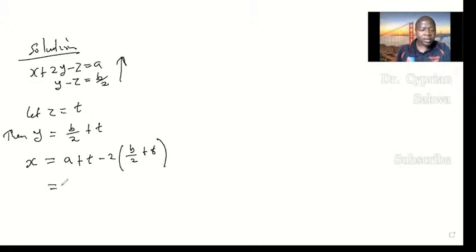So let's open the brackets and collect like terms. I can see a here. If negative 2 were to be multiplied inside here, remember this t, I would have negative b. And this is t minus 2t, which would be negative t.